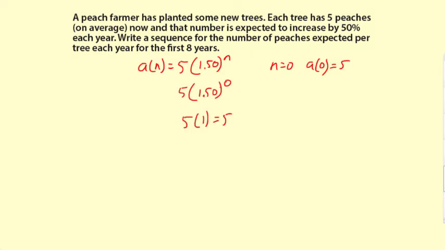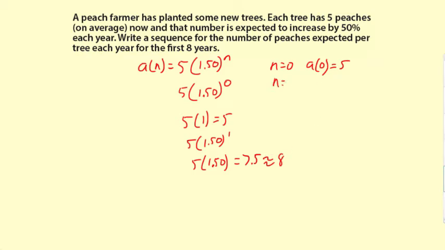So then you can repeat. You can put n equals 1, so you get 5 times 1.50 to the 1, and that is 5 times 1.50, which is 7.5, and we'll just round that to 8, because you cannot have a decimal value for the number of peaches.